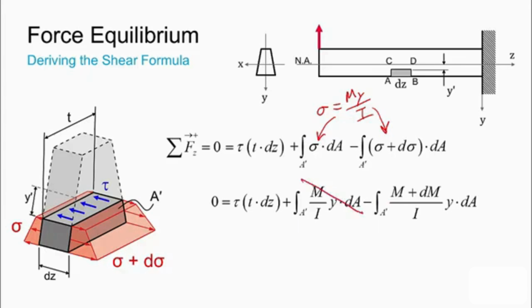So this is cancelled out by that term. And what we are left with is that 1 over It times dM by dz is equal to the integral over the domain A prime of y times dA.